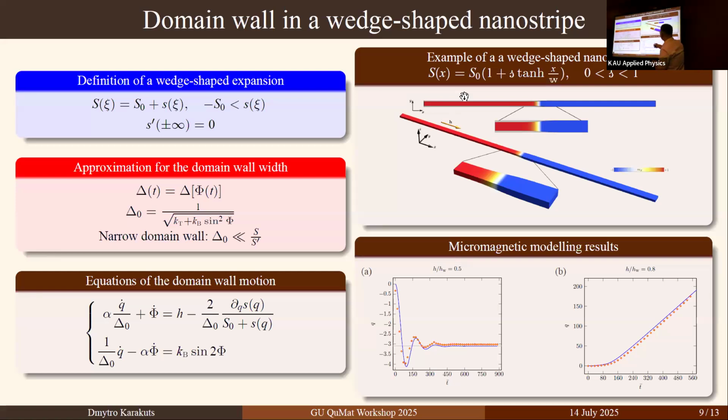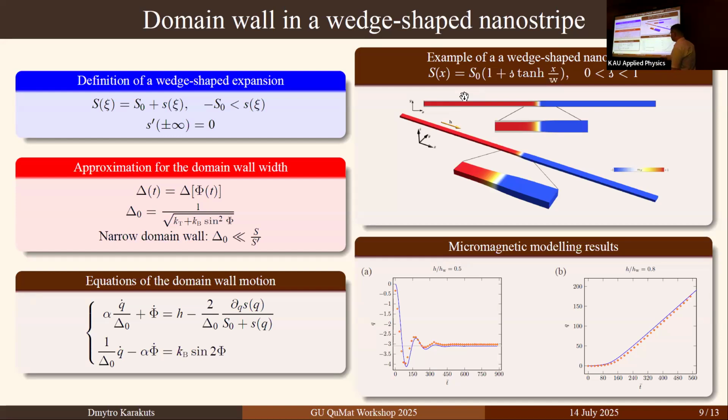Let us continue to a second system, namely a wedge-shaped nanostripe. As you can see here, it has a connection between two nanostripes with a wedge-shaped expansion in the middle. Here, once again, we use the same approximation for domain wall width, and once again, the narrow domain wall assumption is not necessary.